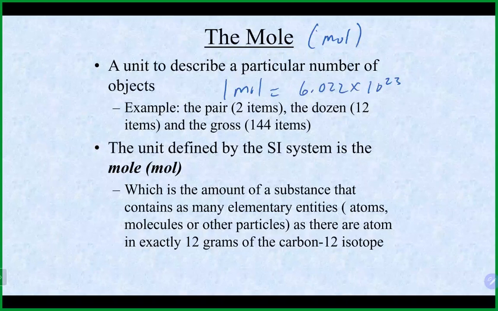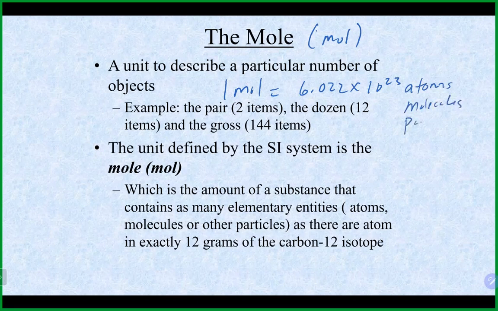As we will see, the units of Avogadro's number can be different. We could have them being atoms, which is a common unit. They could be molecules. They could be particles. They could be pizzas, they could be shoes, whatever it may be.